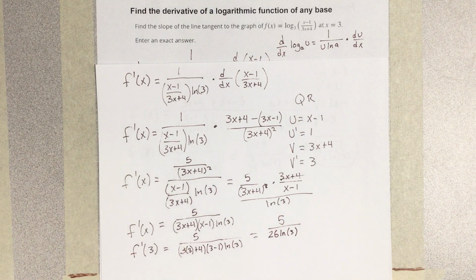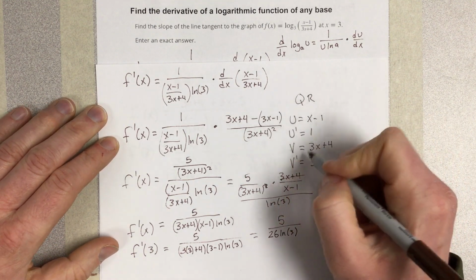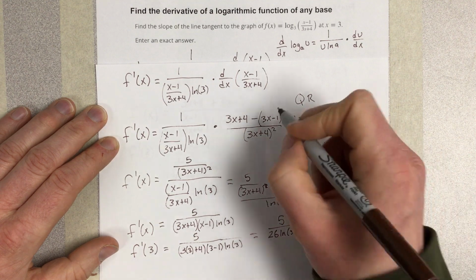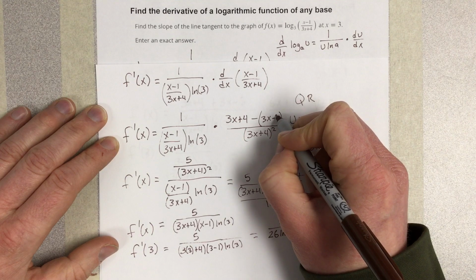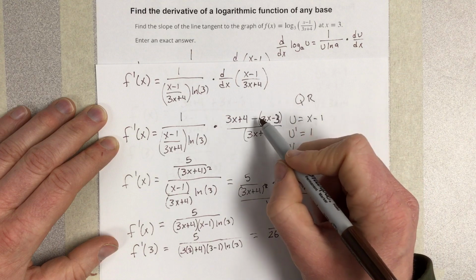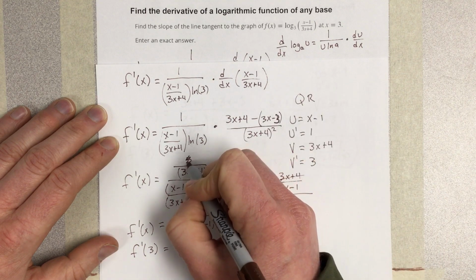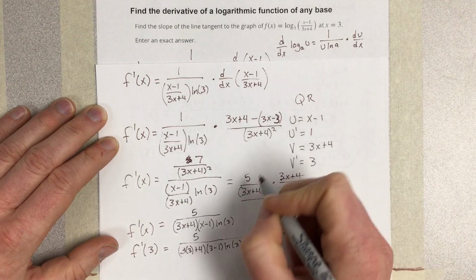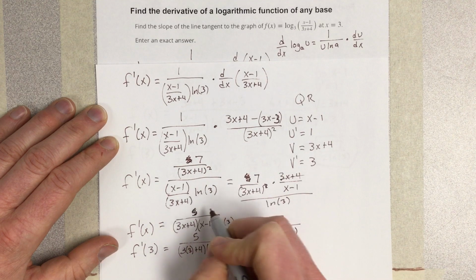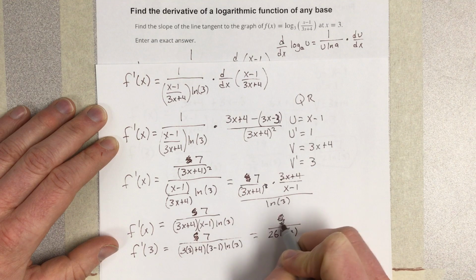Oh, it looks like I might have made a mistake here. I just noticed this. I multiplied the 3 by x and not by this negative 1 here. This should have been minus 3 right there, which is going to change this a little bit because now I distribute that negative to each term, and instead of that being 5, that should have been 7, which makes this 7, which makes this 7.